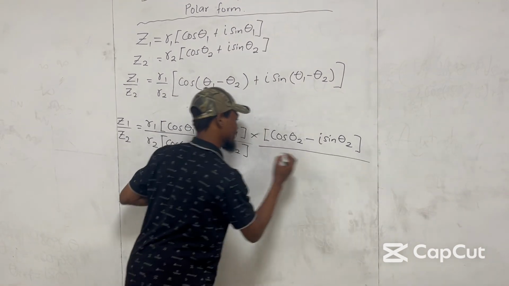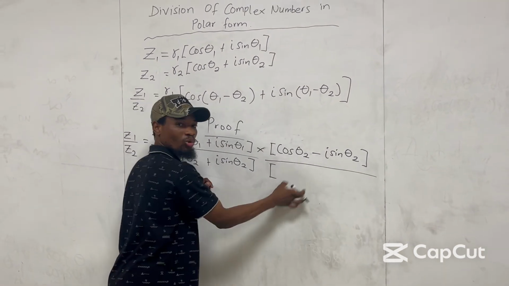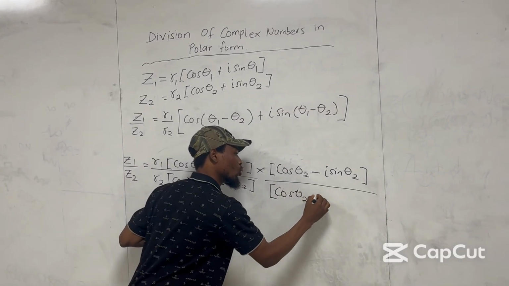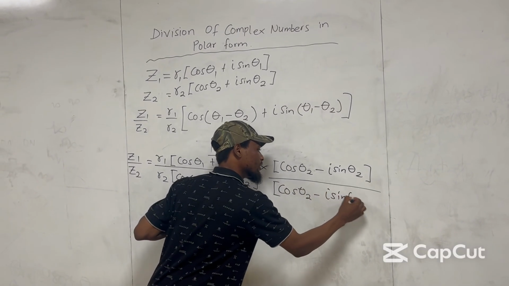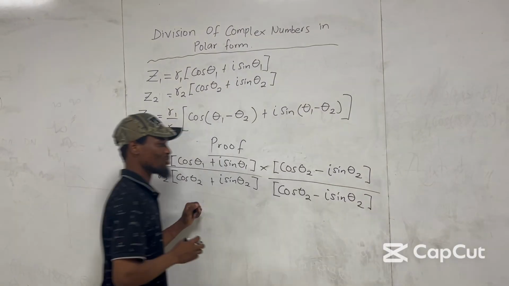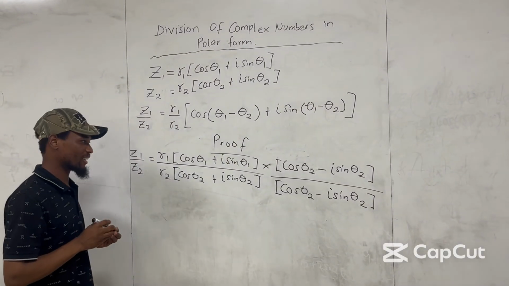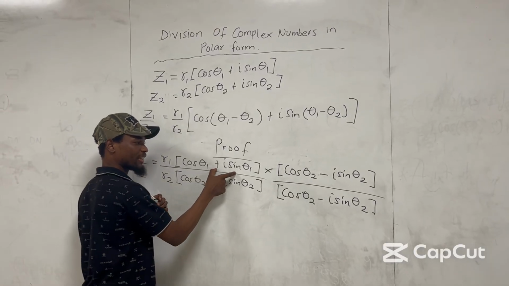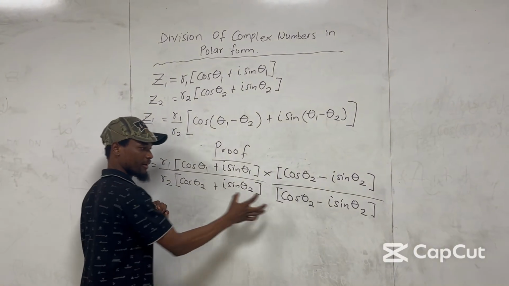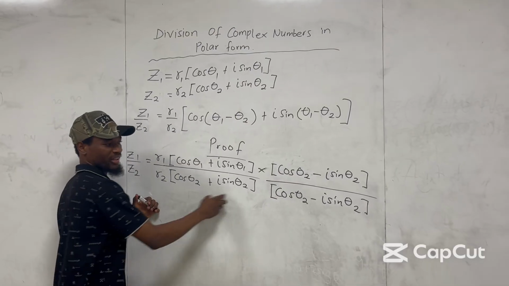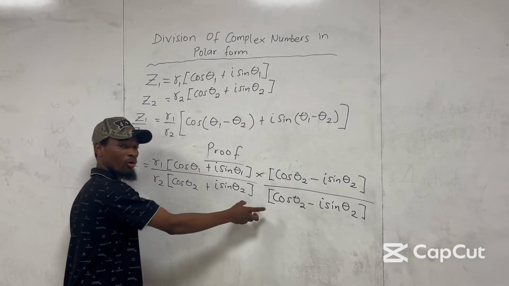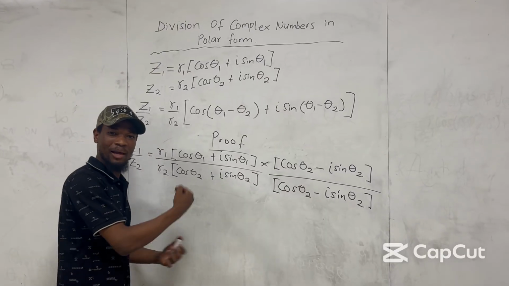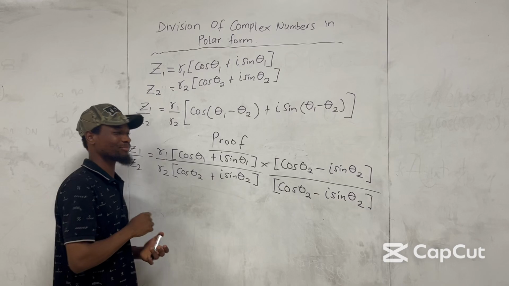Then over, we just repeat this over here, so we have cos theta 2 minus i sin theta 2. So what we'll do is to multiply this by that, then this by that. For the denominator, you can simply use the difference of squares, but let's go step by step.